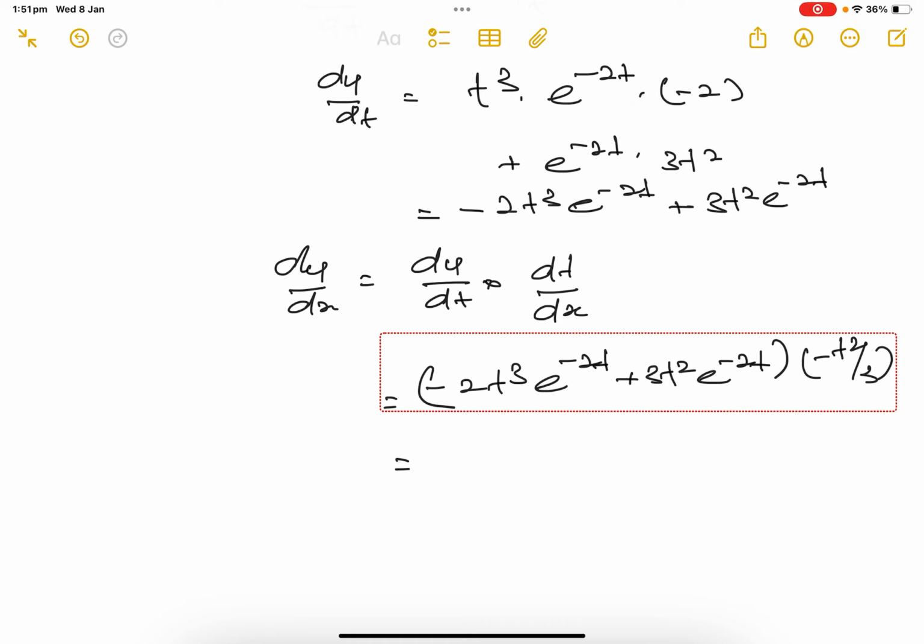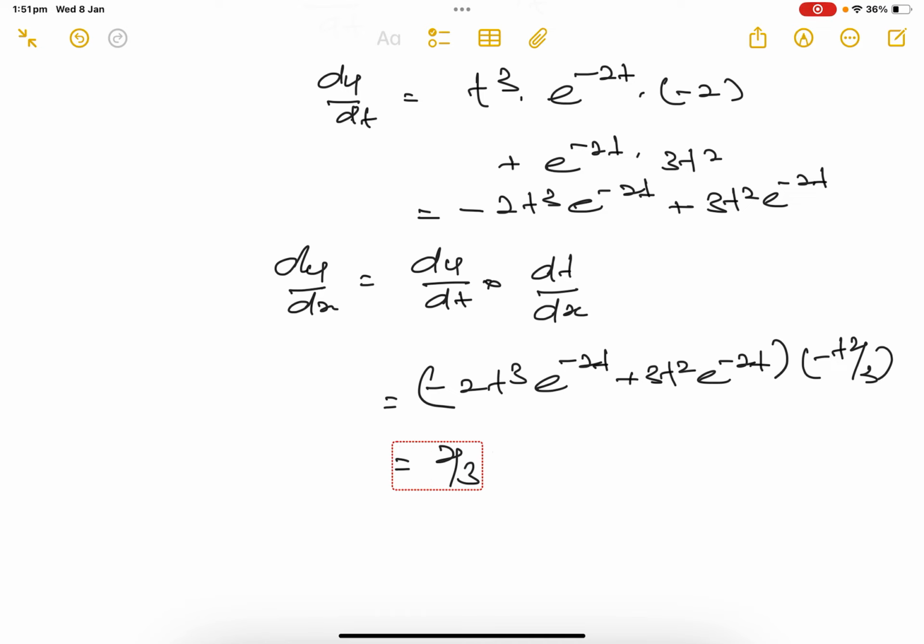Simplify this. Minus times minus gives plus, 2 over 3, t cubed times t squared is t to the power 5, e to the minus 2t. Then minus times plus is minus, the 3 cancels out, t squared times t gives t to the power 4, e to the minus 2t.